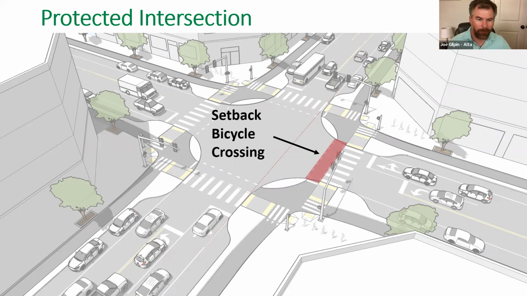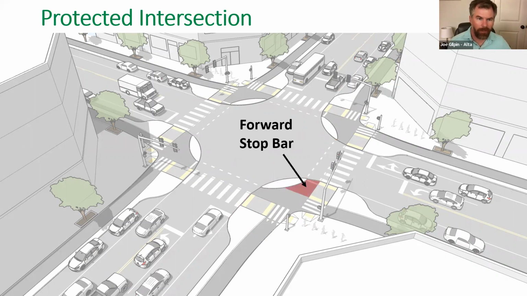What that's doing is giving bicyclists a place to wait that is now well forward of the vehicle stop bar, which they would have been at in the previous iteration of the design, which means that they have a physical head start out into the intersection. So there's a really good chance that if bicyclists are queued up there, they would clear the intersection before it's even possible to have a right or a left turn actually conflict with them in that location. So we're getting this physical head start.